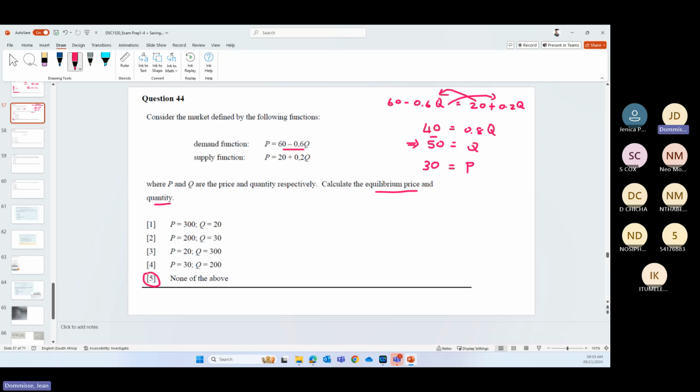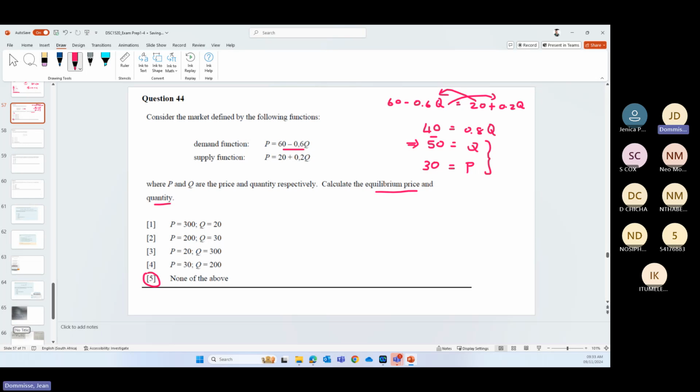60 minus 0.6Q, 20 plus that. So that is 0.8, that is 40. And then 40 divided by 0.8 is 50. Okay, cool.